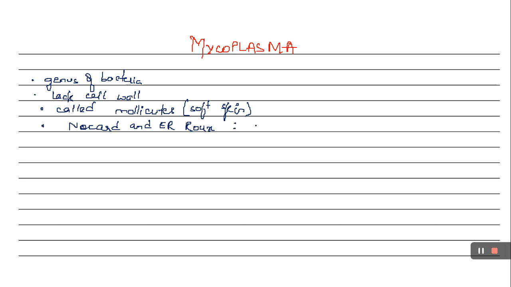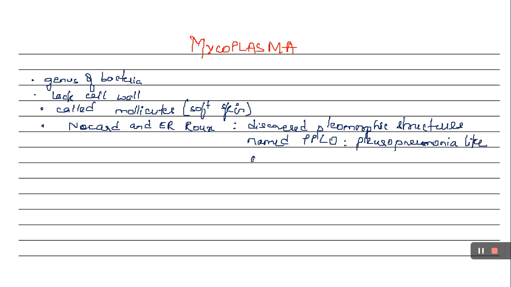They named them PPLO, which is pleuropneumonia-like organisms.